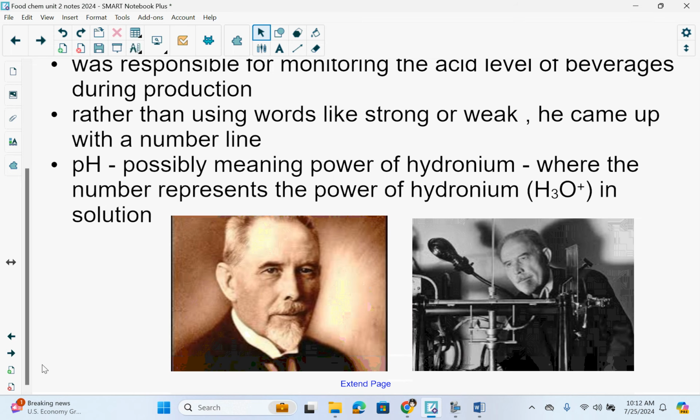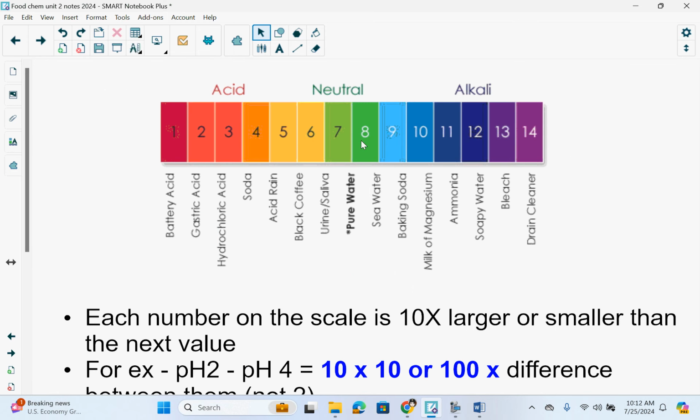But here he is. And here is the pH scale. So each number on the scale, right, it ranges from 1 to 14. Each number is 10 times larger or smaller than the next value. So between like 2 and 4, this isn't a difference of 2, right?